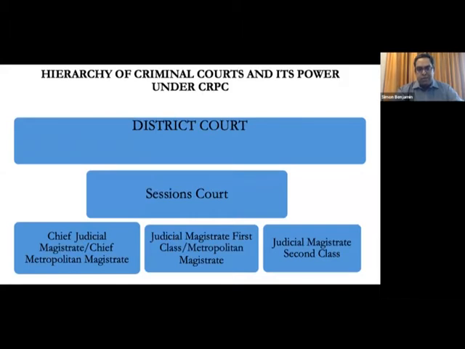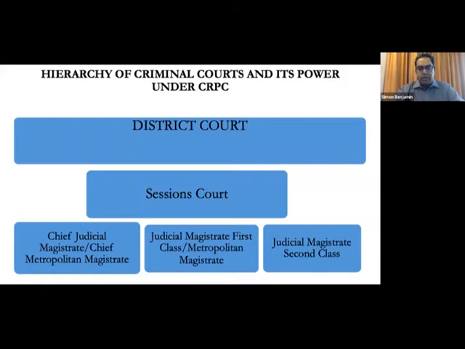At the top of this, we have the Chief Metropolitan Magistrate in metropolitan areas. An equivalent power is there in a non-metropolitan area as a Chief Judicial Magistrate. We also have the Judicial Magistrates first class and Judicial Magistrates second class in non-metropolitan areas, and in metropolitan areas you only have metropolitan magistrates.